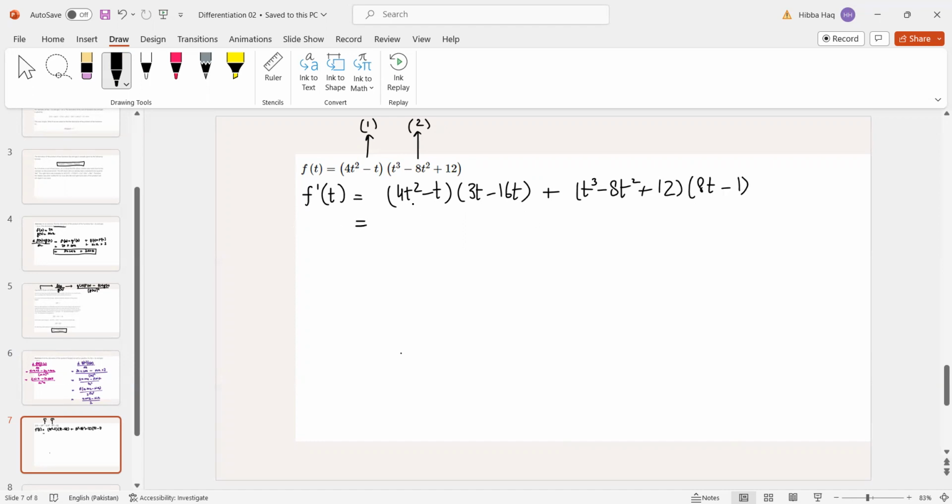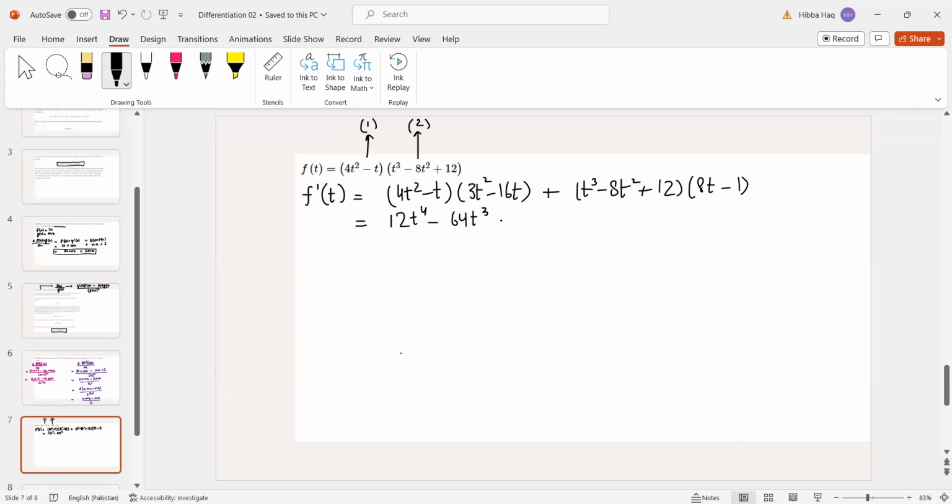Now I can expand it. I'm going to multiply 4t squared, this entire bracket with the other bracket. So I have 12t cube minus 64t cube. All right, so this is 3t squared. I forgot this here. That's going to make my first term 12t^5 minus 12t^4. So 12t^4 minus 64t cube.